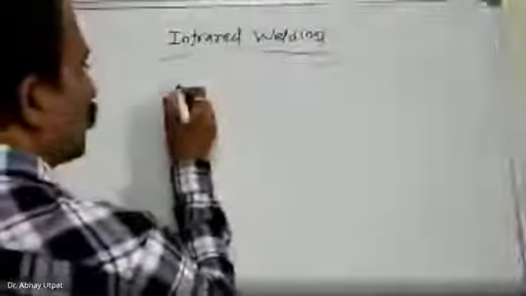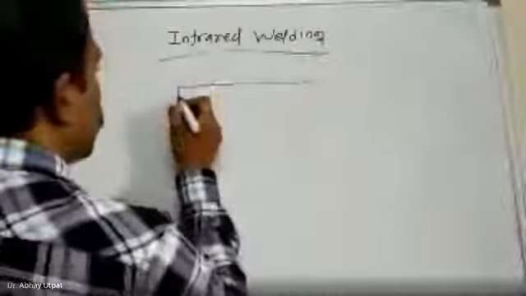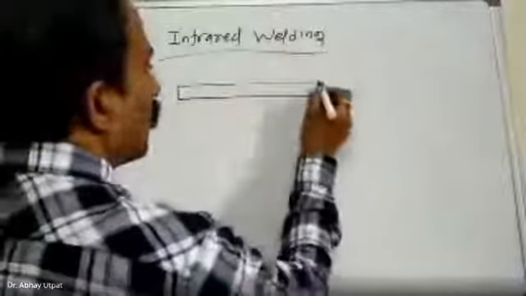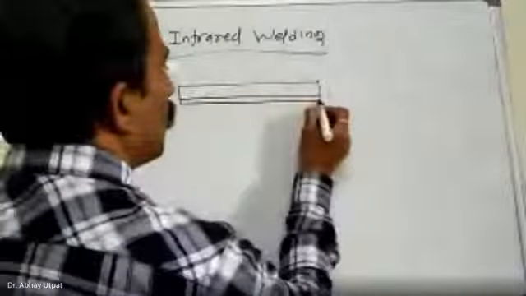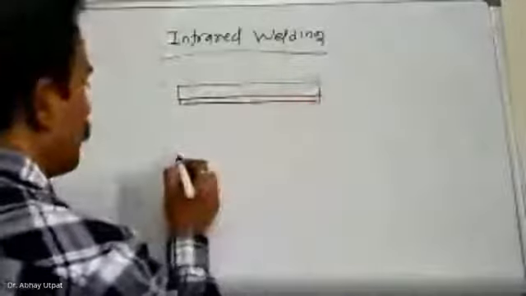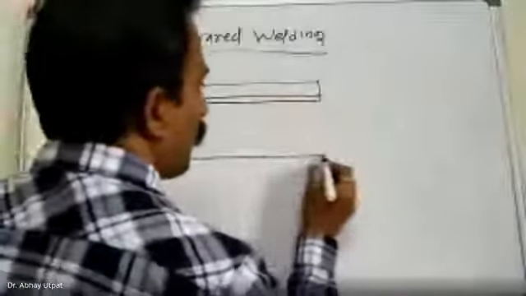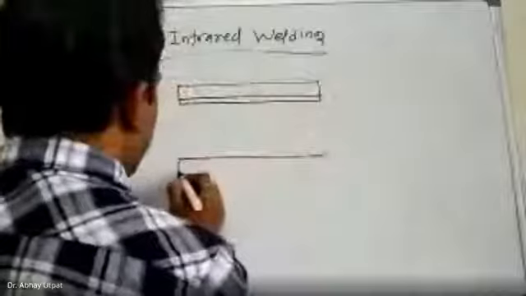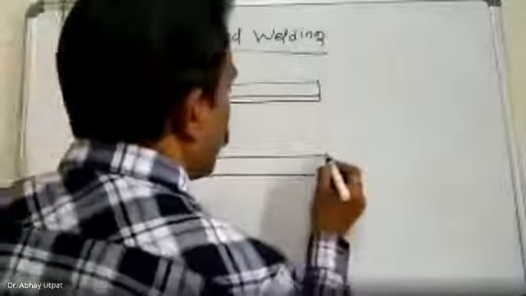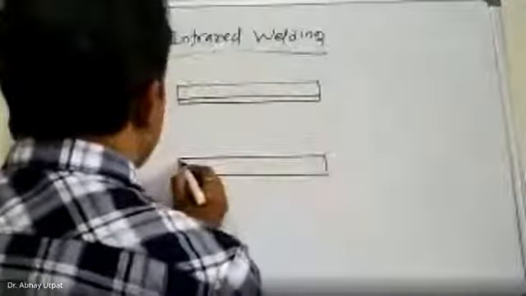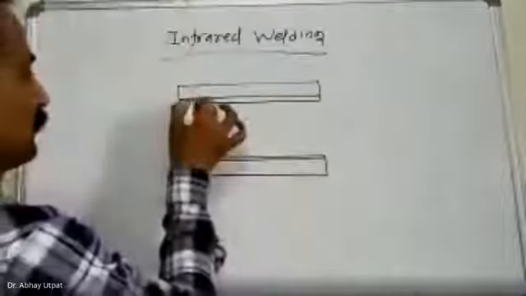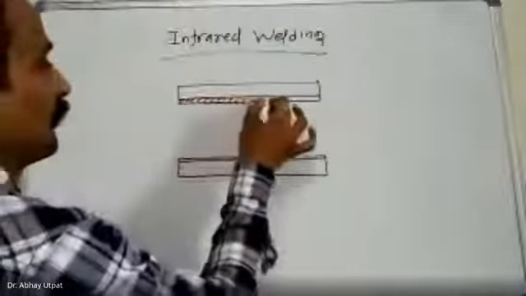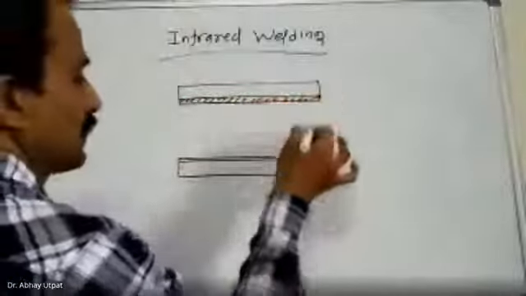Schematic diagram is as shown in the figure. These are two mating surfaces.